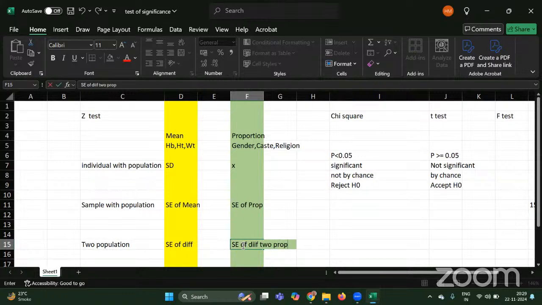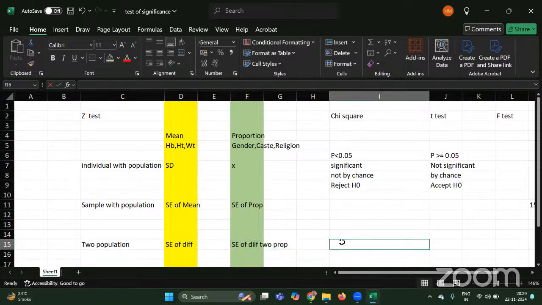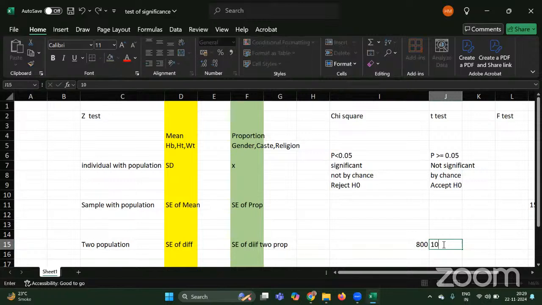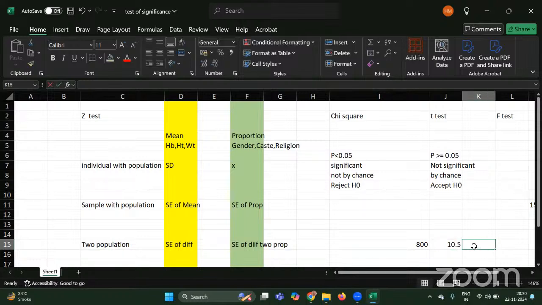It's simple. If I give you an example, in one group of 800 people, the mean hemoglobin level is 10.5 gram with a standard deviation of 2.3.